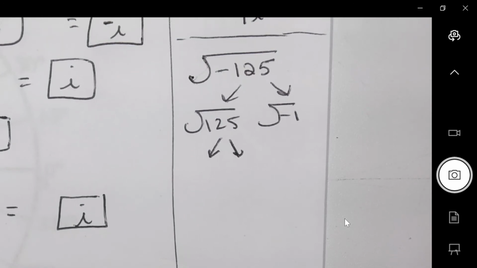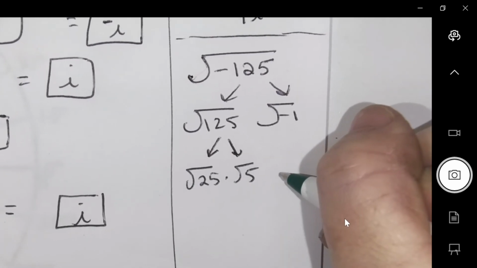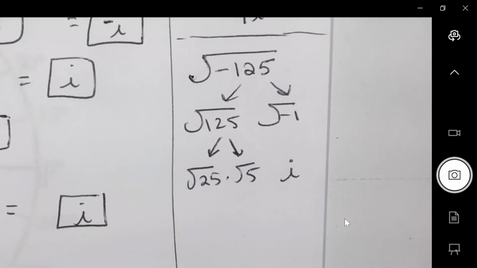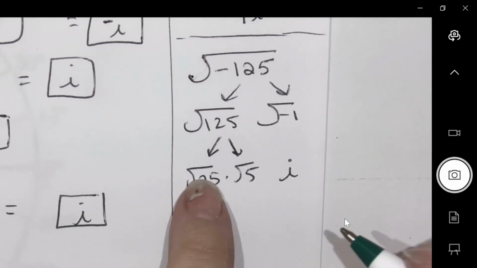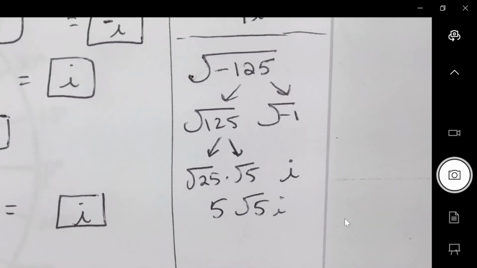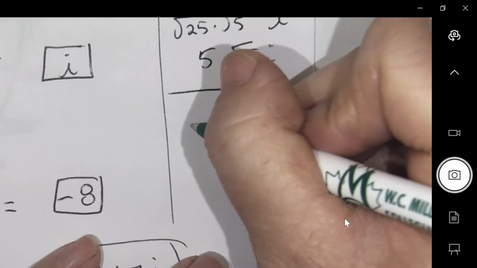So which special square would divide? So 25 times 5. And then that part's an i over there. So the full simplification would be 5 root 5i. Okay, so this is something you've done. Now we're just adding the i part onto it.